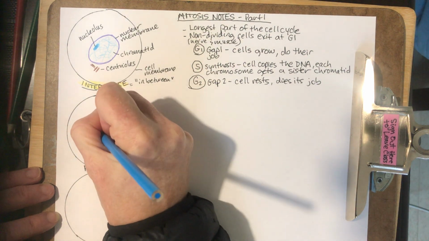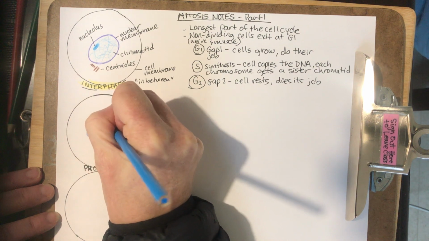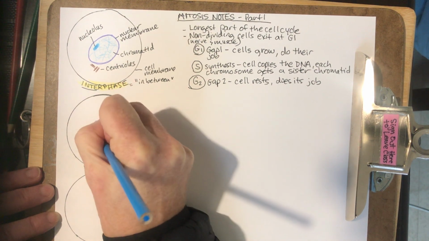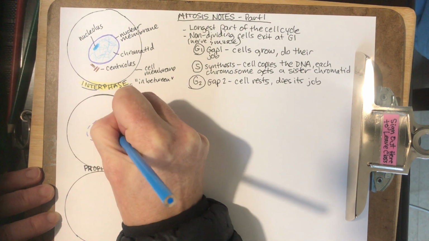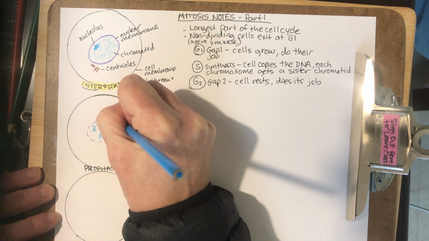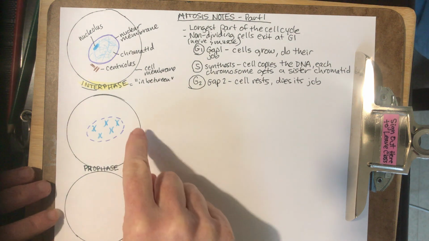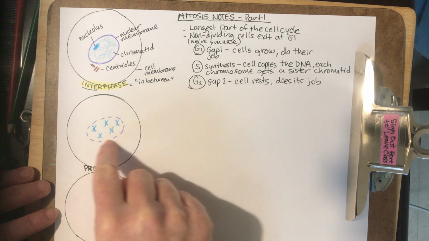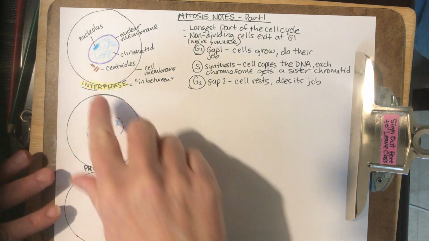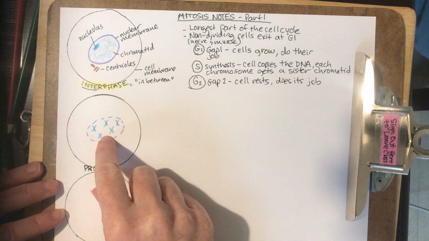And now in prophase, they have condensed so much that we can actually see these pairs of exact replicate chromosomes called sister chromatids visible inside the nucleus. They're not all relaxed, they're condensed, they're tightly coiled along with their proteins.